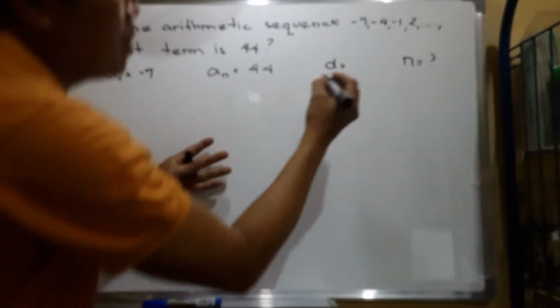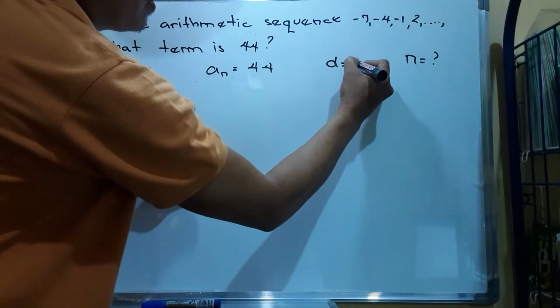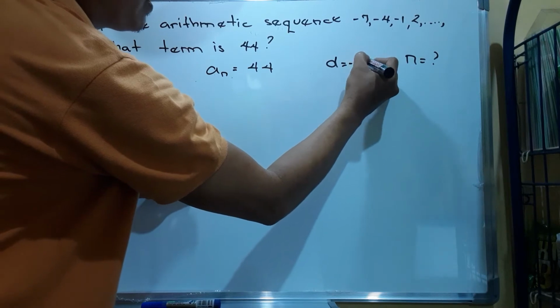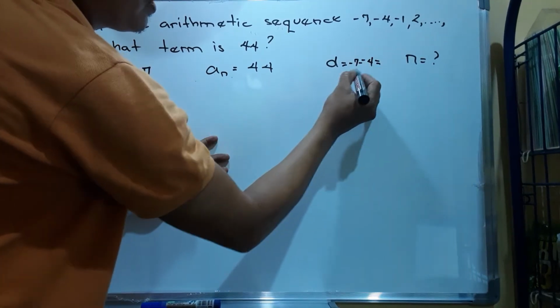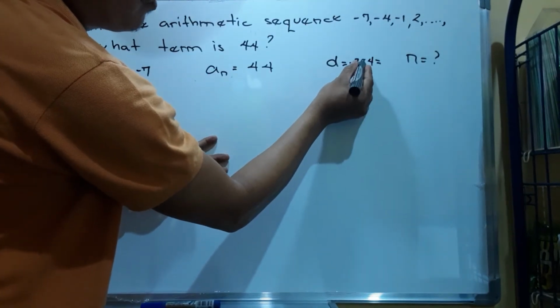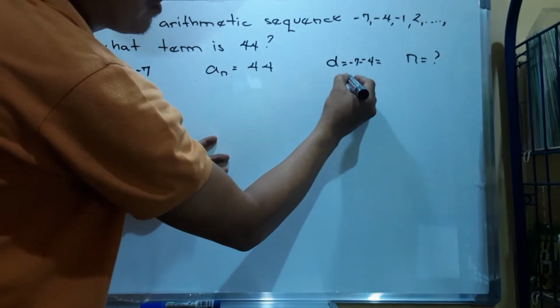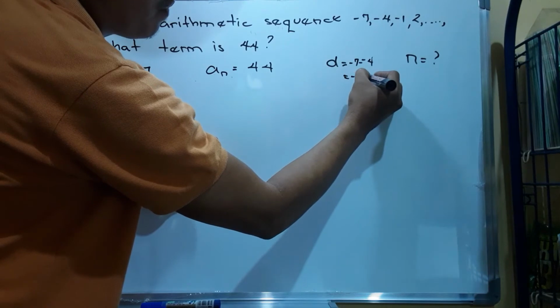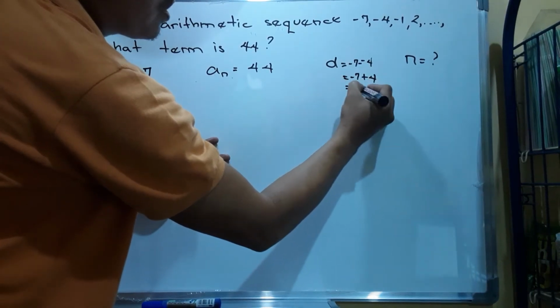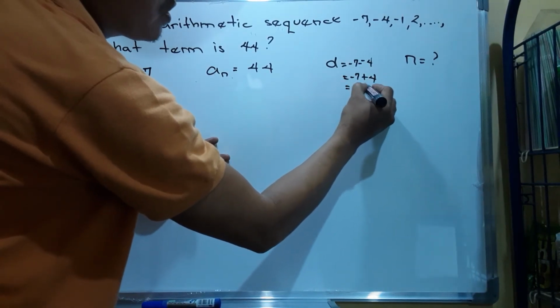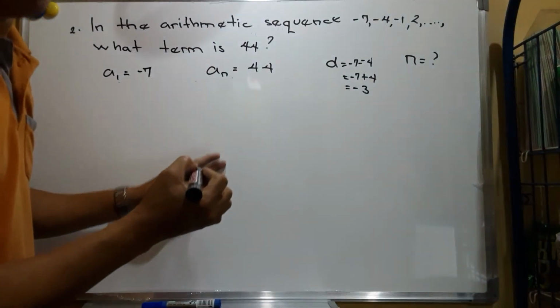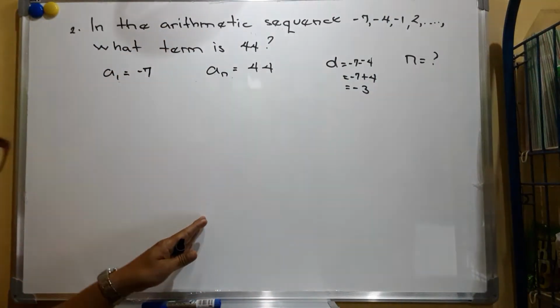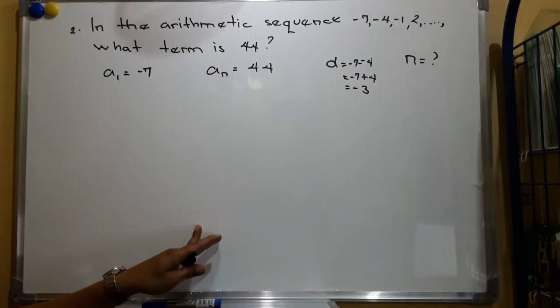So, our d, that is simply negative 7 minus negative 4, which is negative would become positive. So, that is negative 7 plus 4, which is negative 3. Am I clear?